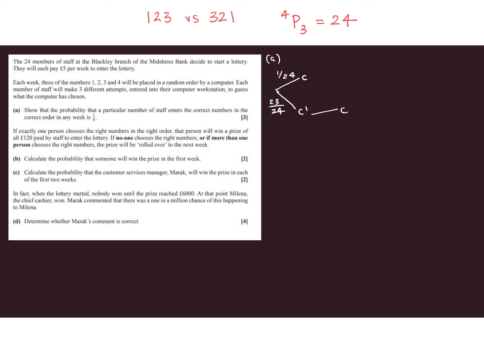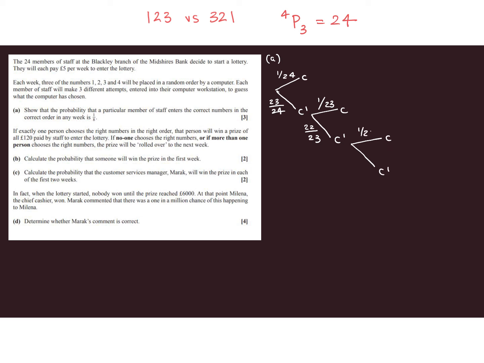If they are correct on their second guess, then that's 1 out of 23 remaining options because we've assumed that the first option that they chose was wrong. So that means there are 22 out of 23 options left where they're wrong. And they get a third go. And again, on their third go, they could be correct or they could be wrong.